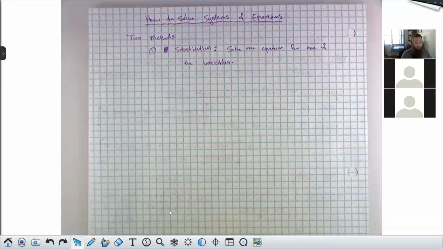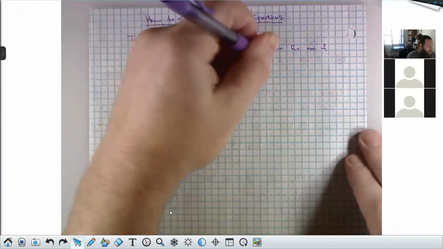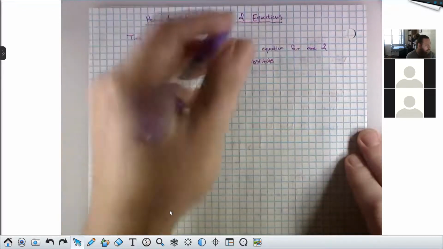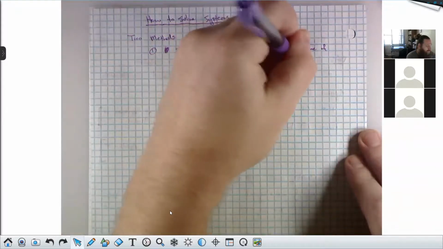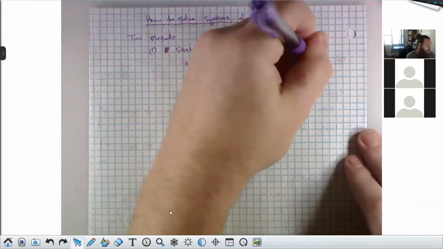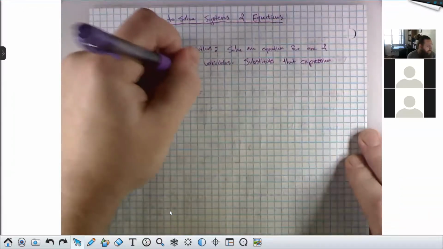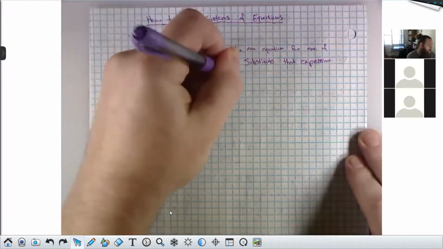Once you've done that, you then substitute the expression you found when you solved back into the other equation.